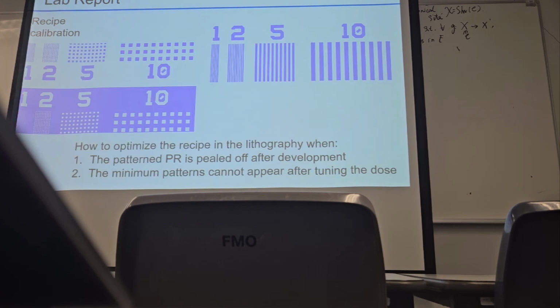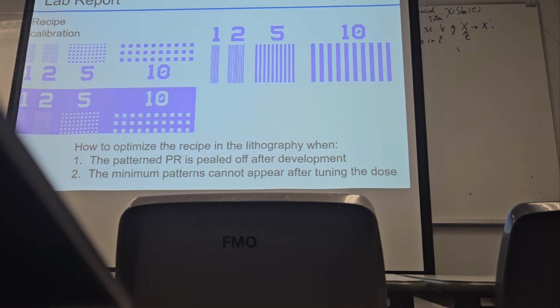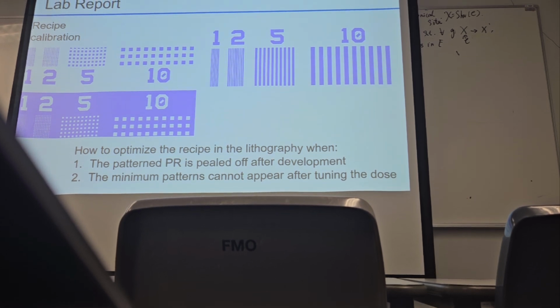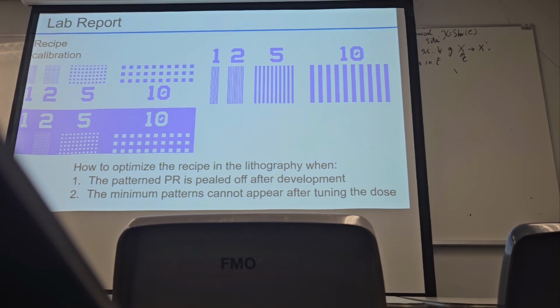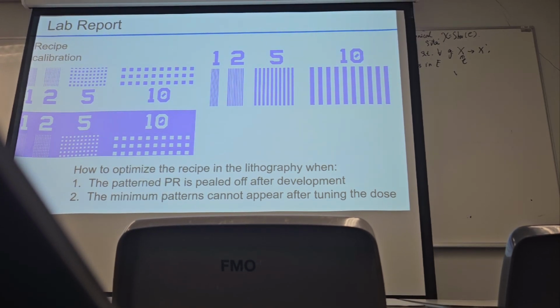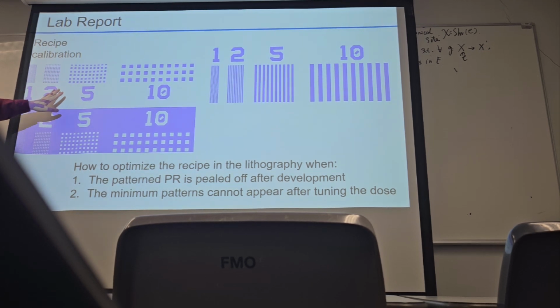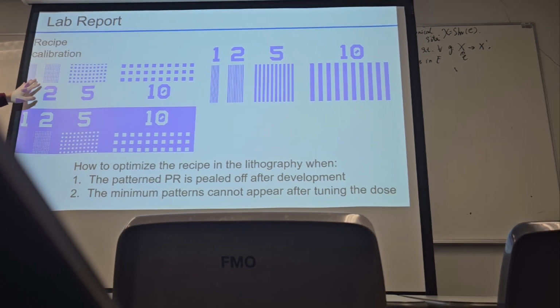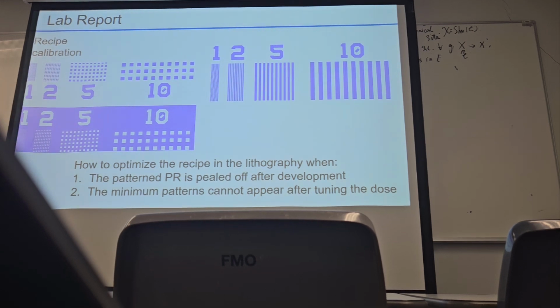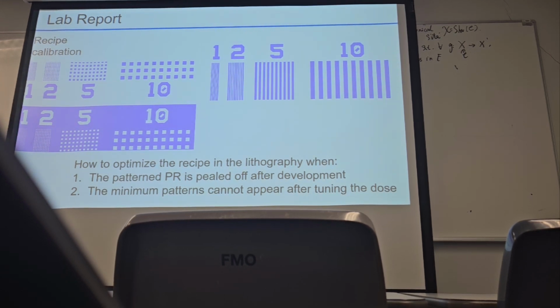This is also a testing structure for you to optimize the recipe, and it can also tell us the minimum feature size we can achieve. Sometimes the PR and the stepper, or the equipment, have their own limitations. After optimization, we can use this testing structure to tell us the achievable minimum feature size.